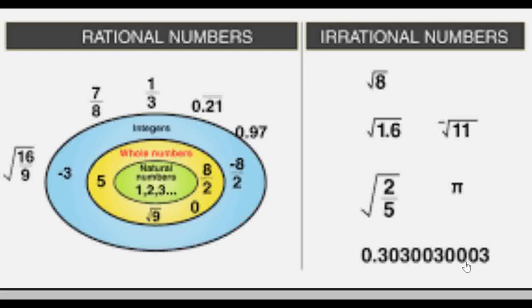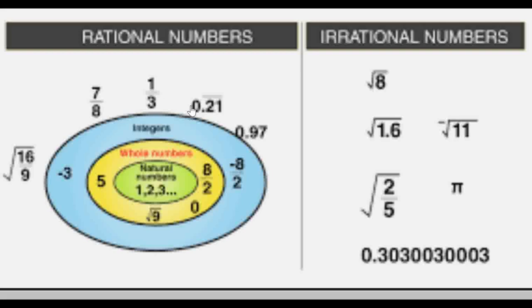This is not a repeating decimal, but a rational number is always like 0.21212121 or a terminating decimal. So we hope it's clear. In other words, an irrational number is a non-terminating and non-repeating decimal, and is not able to be described as a fraction like this one.